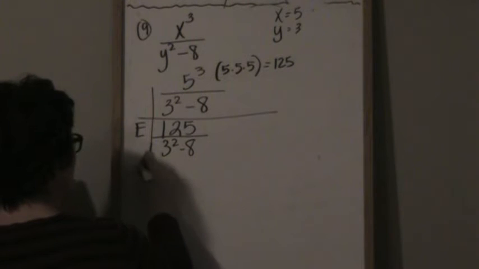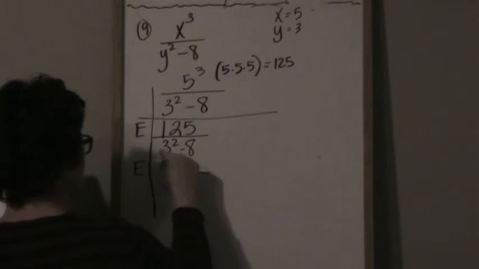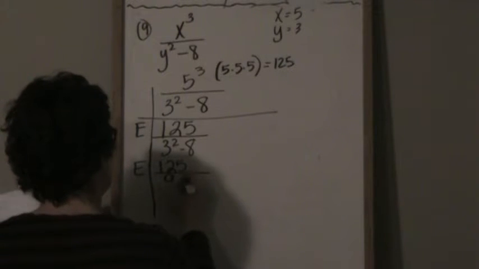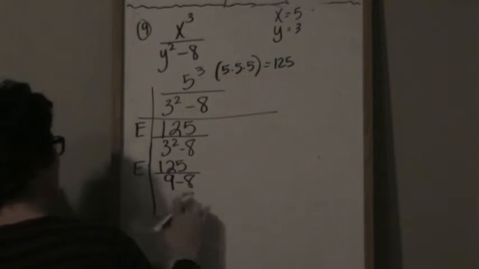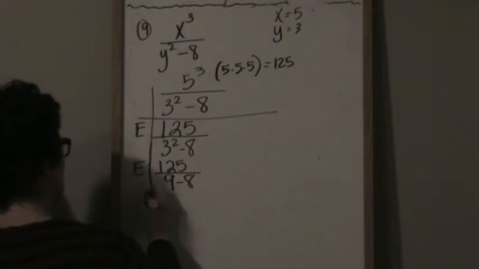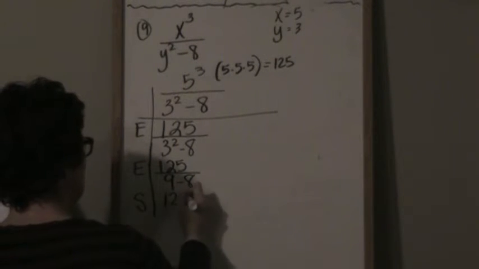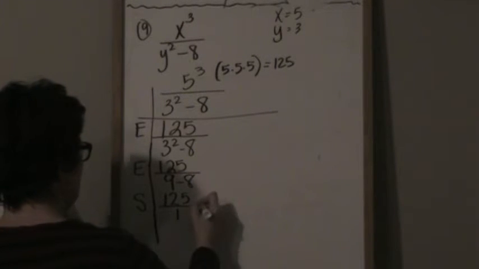Now I'm going to do my other exponent. 3 times 3, not 3 times 2, is 9 minus 8. Now I'm going to take care of my 9 minus 8. So I'm going to do my subtraction. So that becomes 125 over 1.